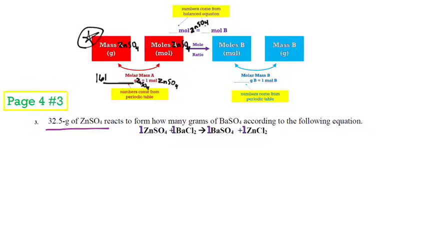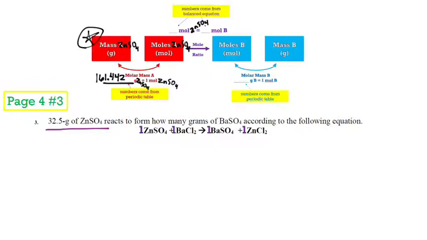Helping you out a little bit, Zn plus S plus 4 O's is 161.442 grams ZnSO4 in 1 mole ZnSO4.